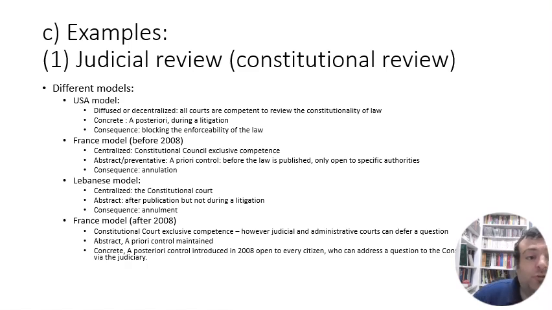It is a diffused or decentralized model, meaning every court has jurisdiction to review the constitutionality of laws. It is concrete, meaning usually the question about the constitutionality of a law is asked during litigation, not in abstract. And the consequence is to block the enforceability of the law. It's not annulment, but blocking its enforceability.